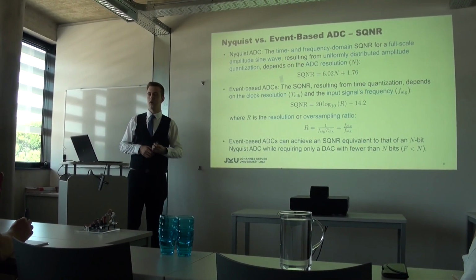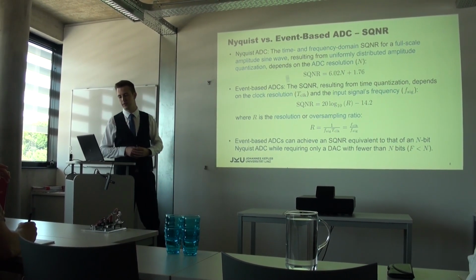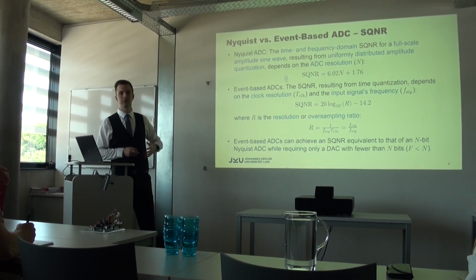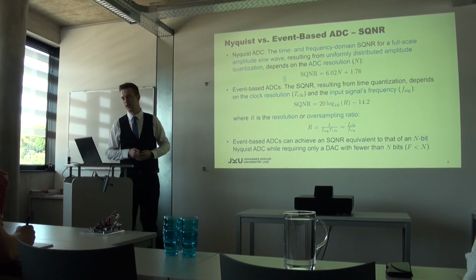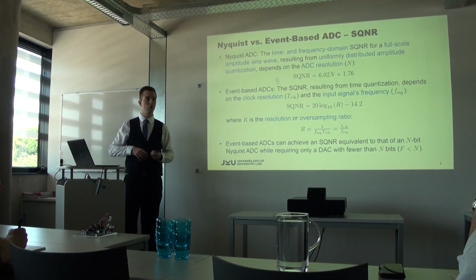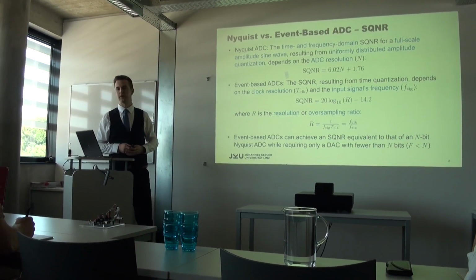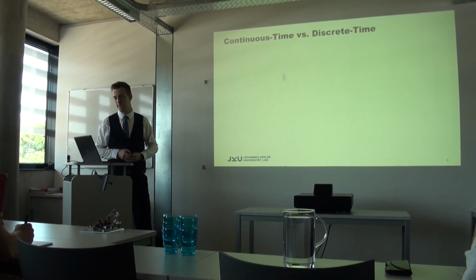This would be around 12-bit effective for a Nyquist ADC, but we can achieve this with a 5-bit feedback DAC. And this also reduces the noise of the total system. So the design requirements are much more relaxed.